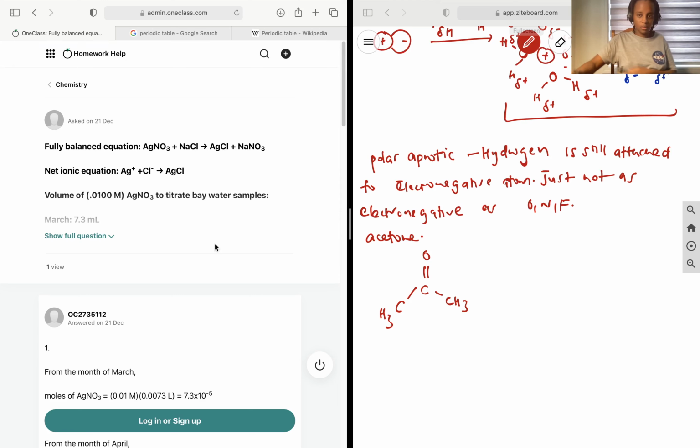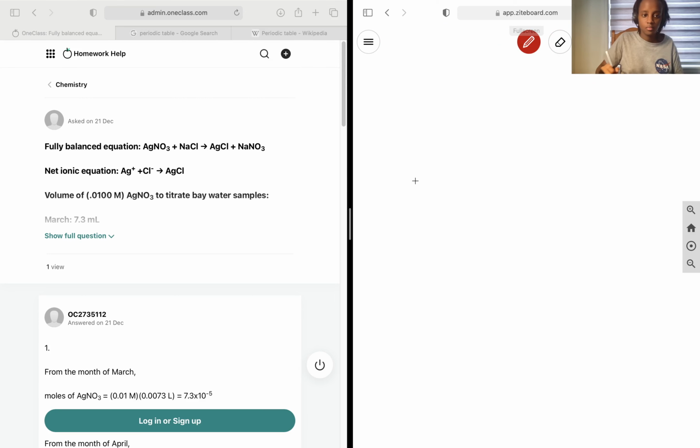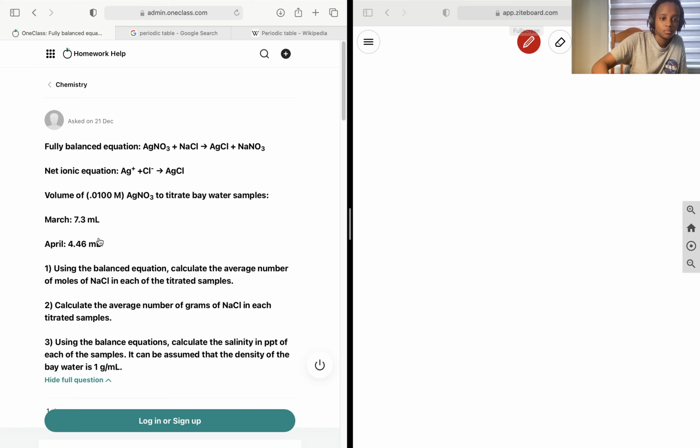Okay, next up we have a calculation chemistry question. If we are given the fully balanced net ionic equation, the volume used of 0.01 M silver nitrate to titrate bay water samples in March. So for the March sample, they use 7.3 milliliters.